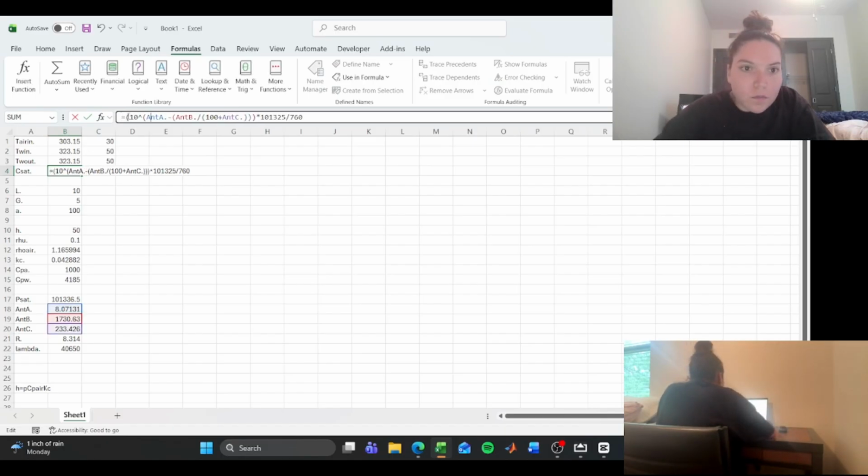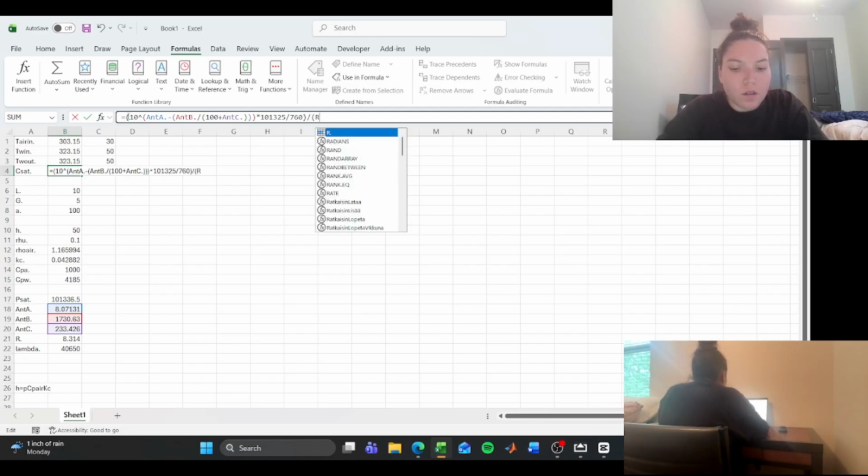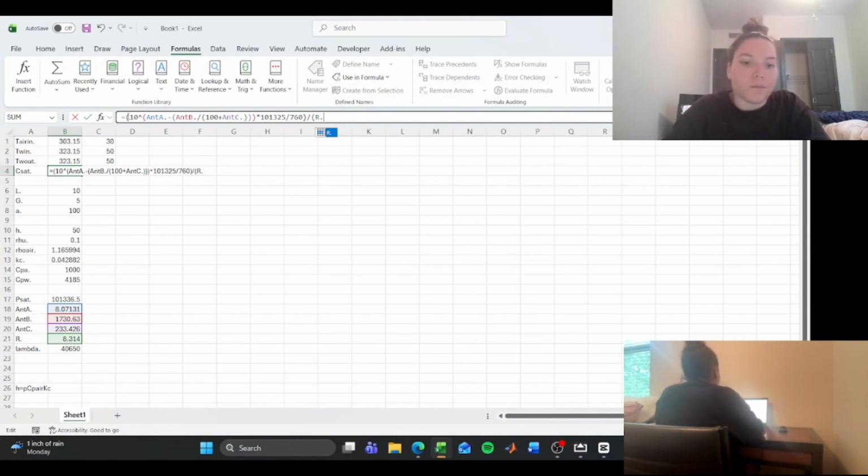And then we want to divide it by the ideal gas constant times the temperature of the water going in.